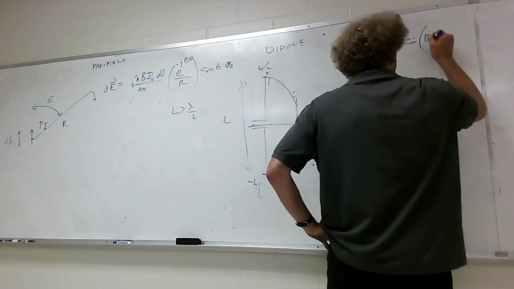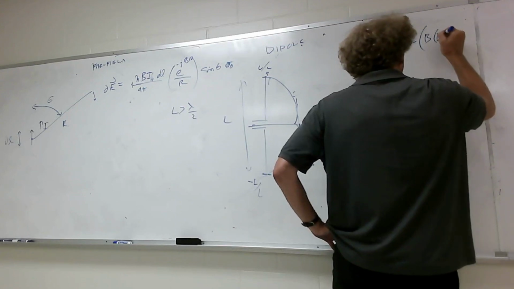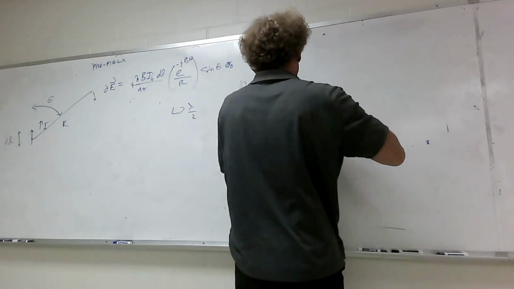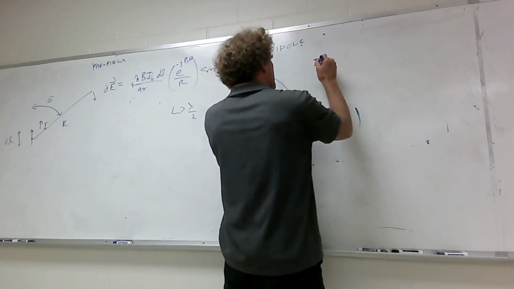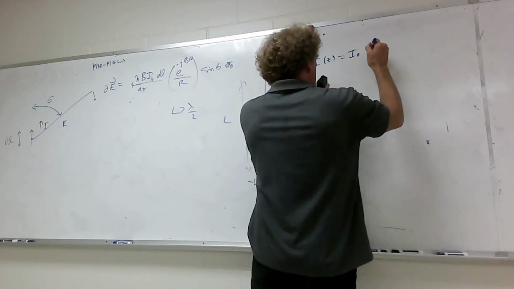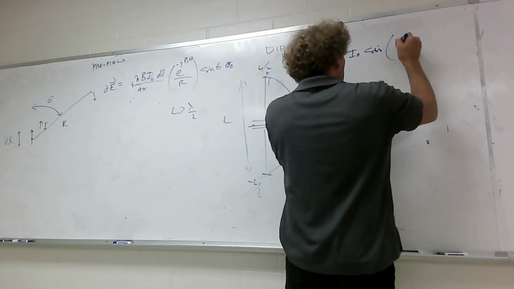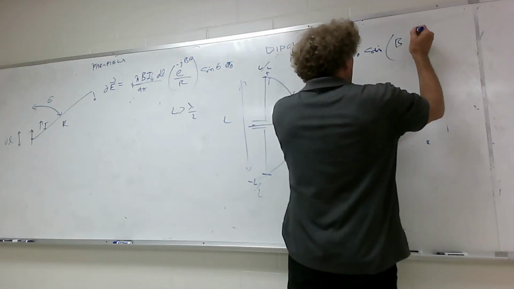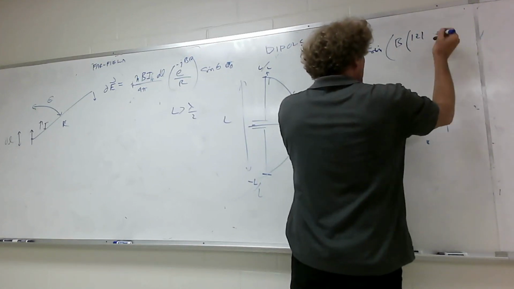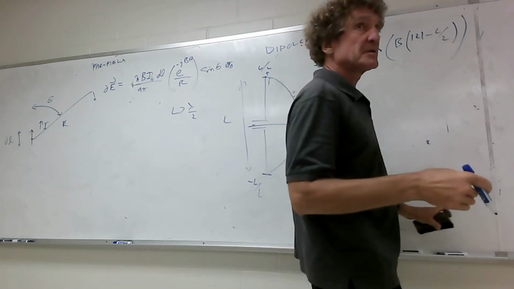he's going to have beta, and then he's going to say this I of z, as a function of z, it's got some I naught, and then it'll be of the sine of beta, and then it's going to be times, well, it won't be magnitude, it'll be z minus L over 2, and then he'll have z plus L over 2.